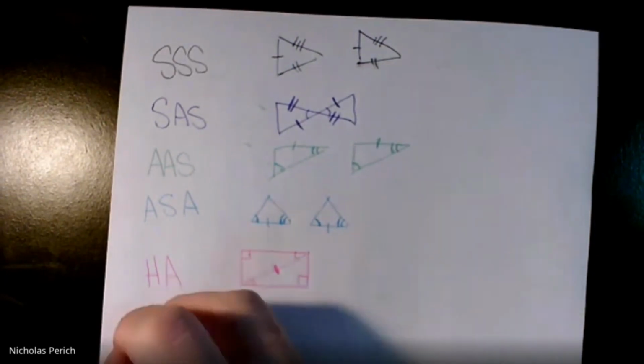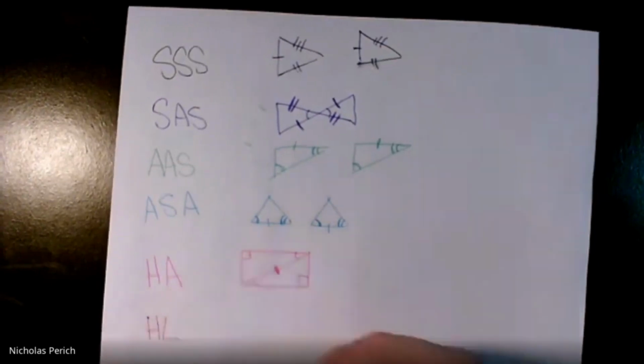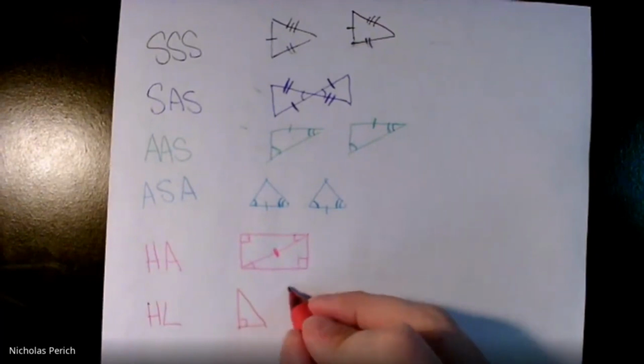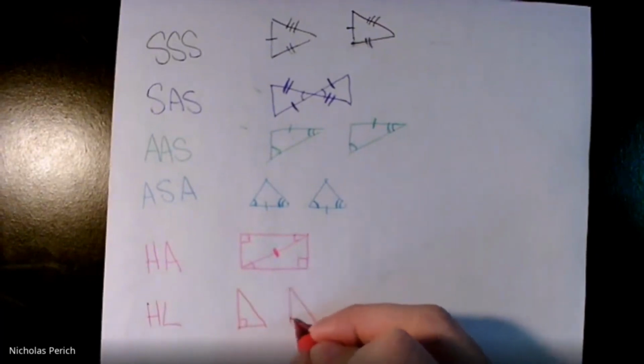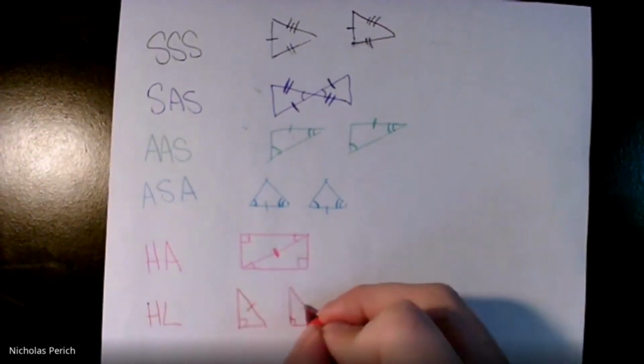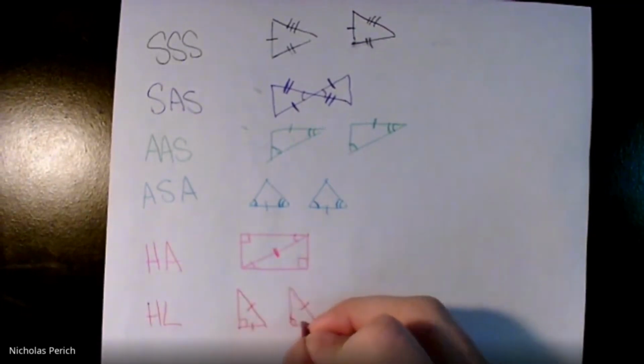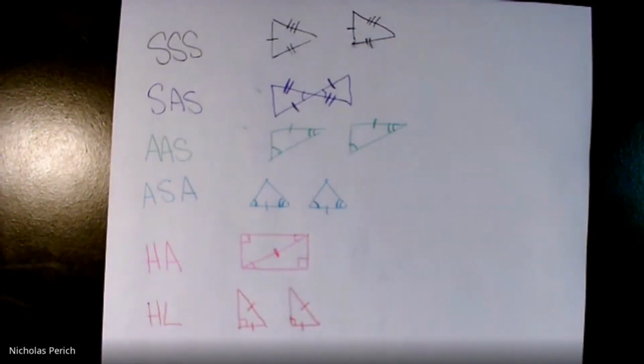If you have an HL, and I have definitely a right triangle, and definitely a right triangle, and I can show that both hypotenuses are the same, and that a leg on each is the same, then I have HL.